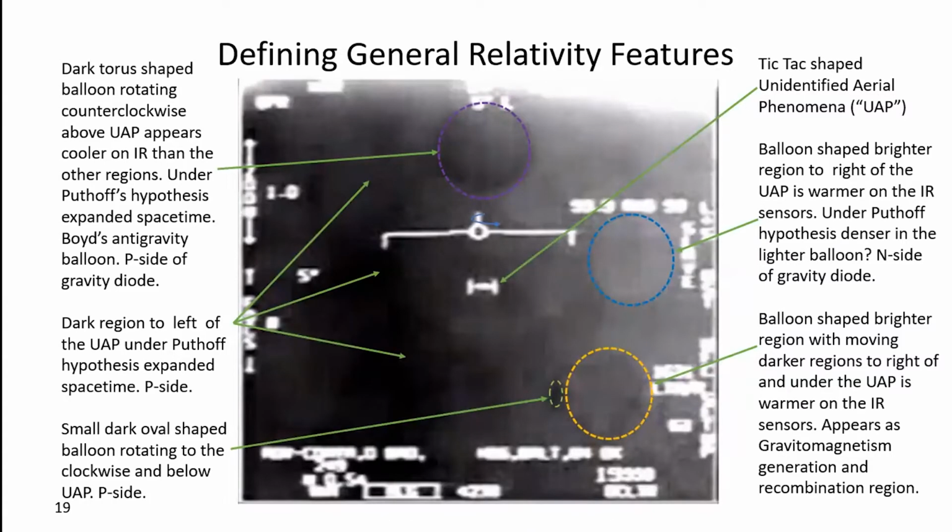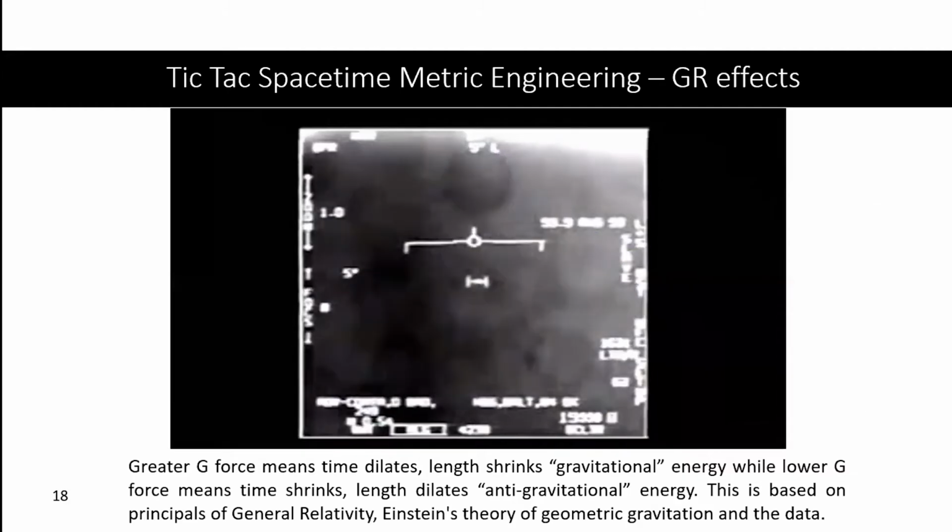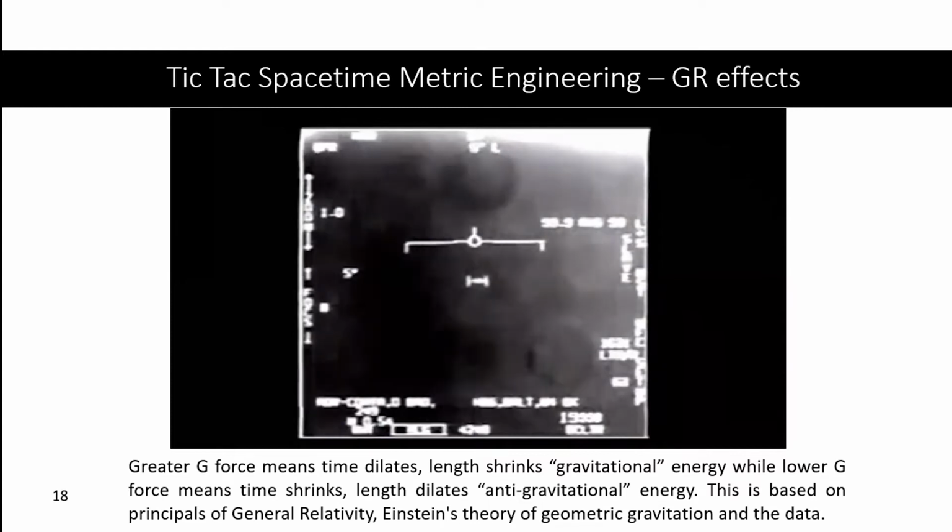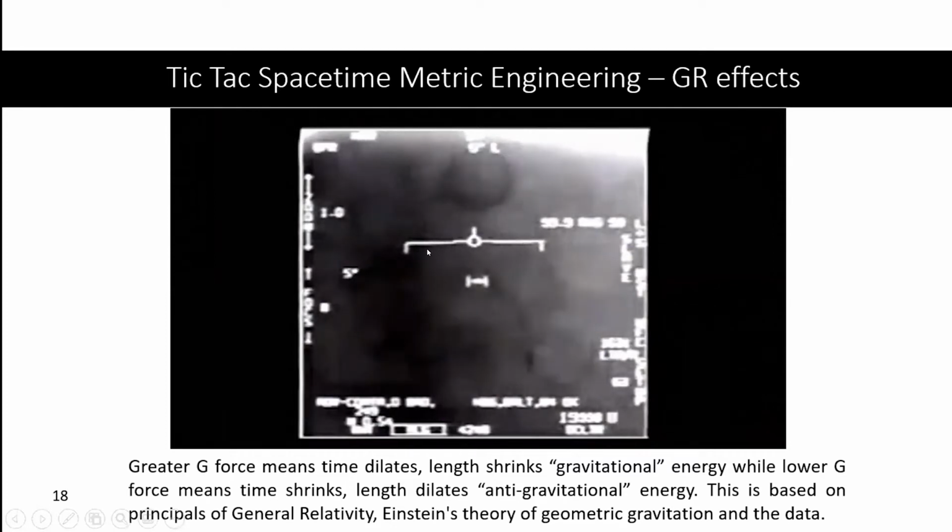So you see the dark balloon above the Tic Tac UAP, and it's rotating counterclockwise. You'll see another little one down here that's going clockwise. And then you see this is also expanded space-time over here.